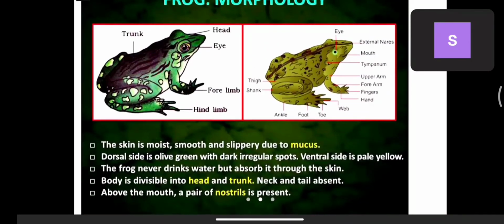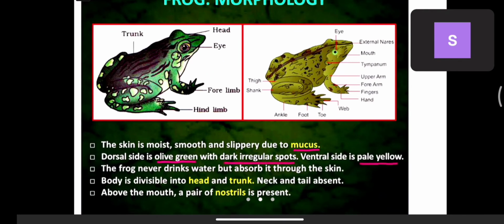Next, the skin is moist, smooth and slippery due to mucus. A layer of mucus is present on the skin, and that is the reason the skin of the frog is slippery, moist and smooth. The dorsal side, the back side, is olive green in general color, with dark irregular spots.